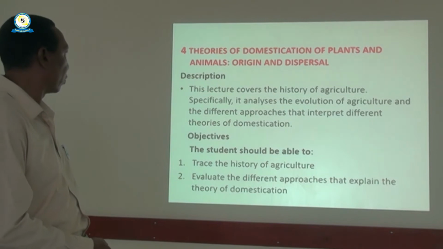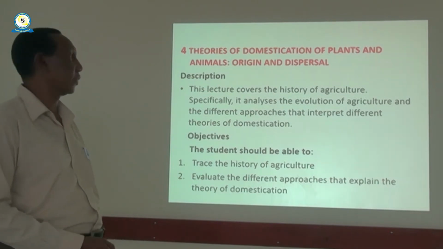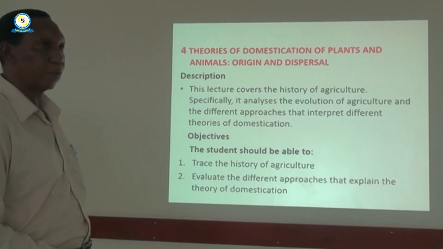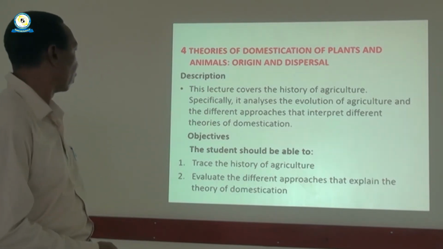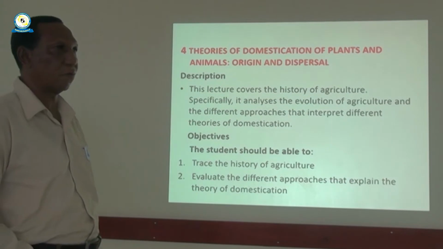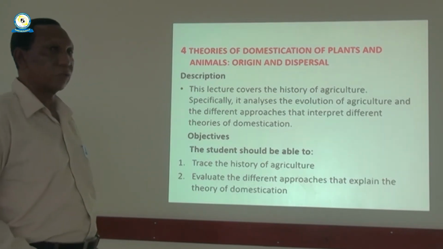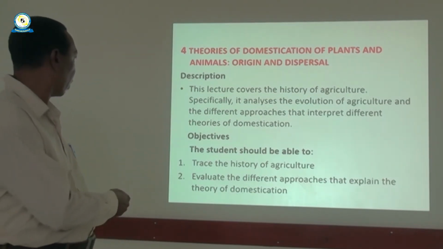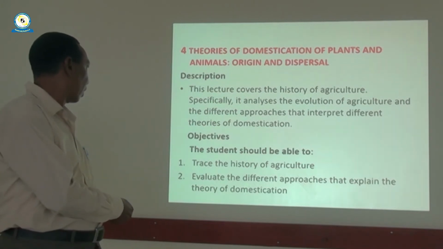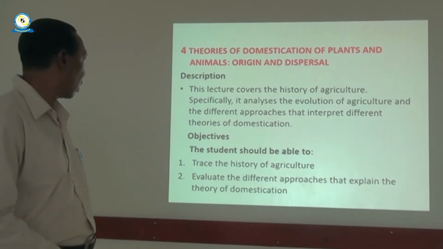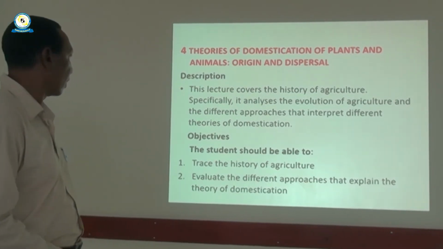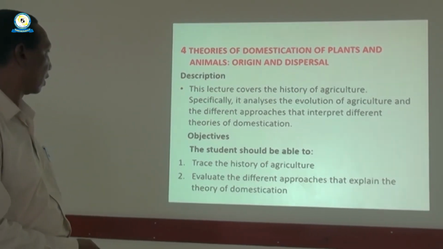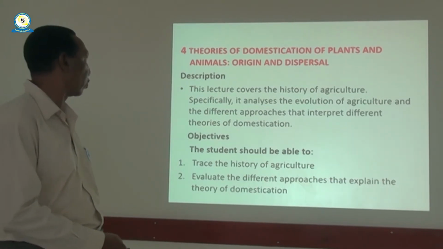So we are compelled to analyze the evolution of agriculture and the different approaches that interpret different theories of domestication. So students, you are supposed to observe the following objectives: trace the history of agriculture, evaluate the different approaches, and explain the theory of domestication.